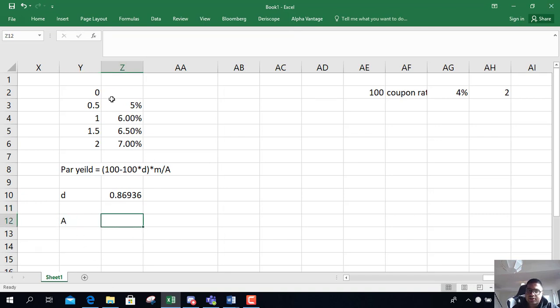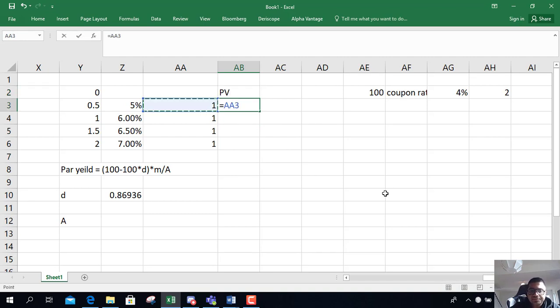A is the value of the $1 coupon that you are going to get in all these years. So it will be the value of $1 here, $1 here, $1 here, $1 here, and finally addition. So the present value of all these $1 coupons. How do you find present value?